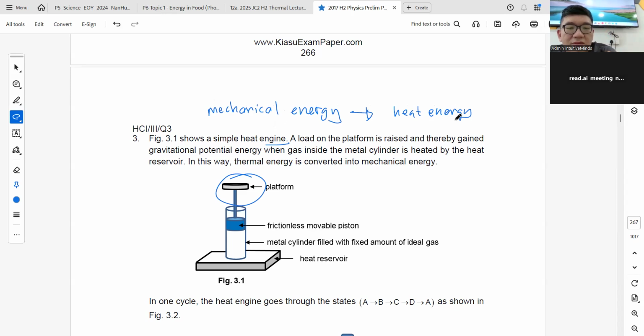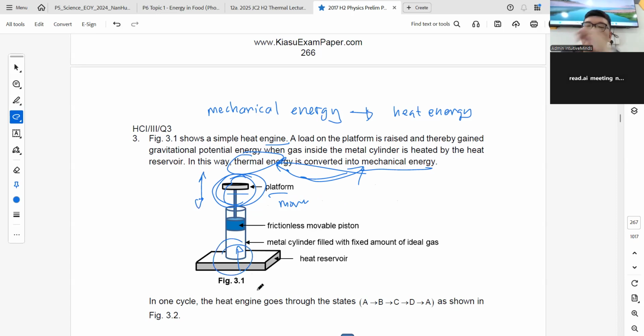Oh wait, it's the other way around. Huh, interesting. Well, you can go both ways lah. In this case, you're heating up, then this thing will move. But you can reverse it. You can keep oscillating this platform and then you produce heat.